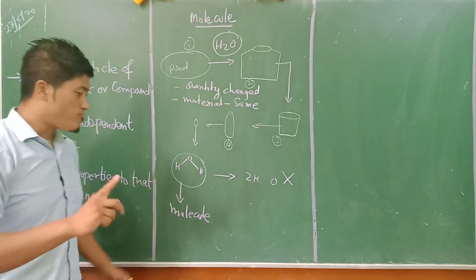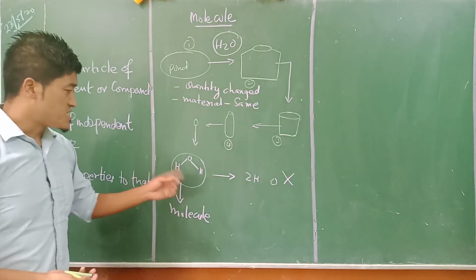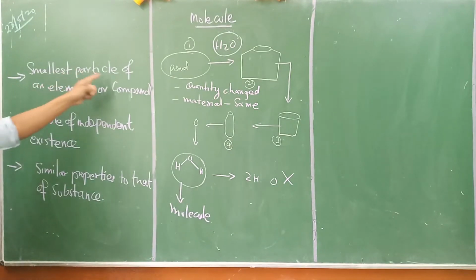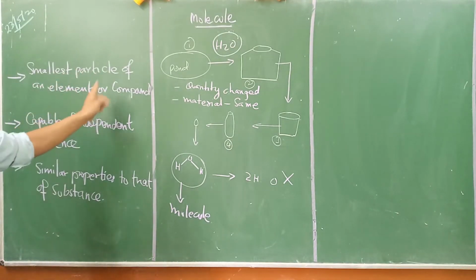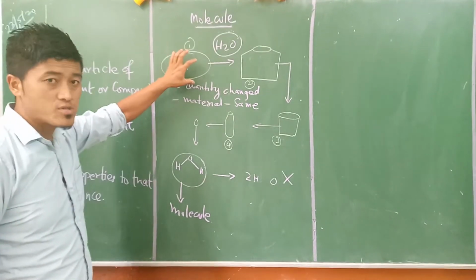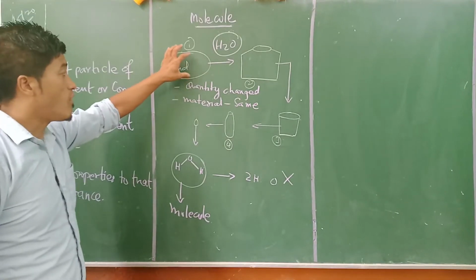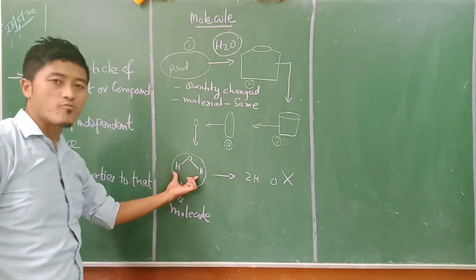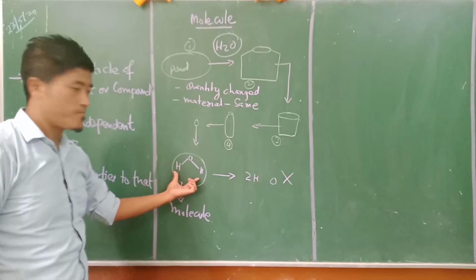So talking of molecule, it should satisfy 3 important points here. Number 1, it is the smallest particle of an element or compound, right? So let us talk about water in the pond. The smallest particle of the water, or a compound, is this over here. That is the water molecule, okay?